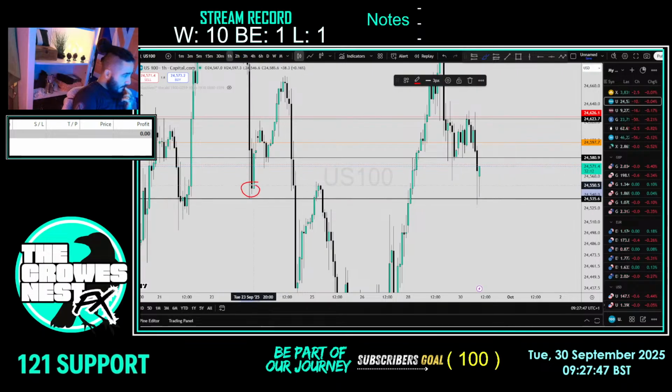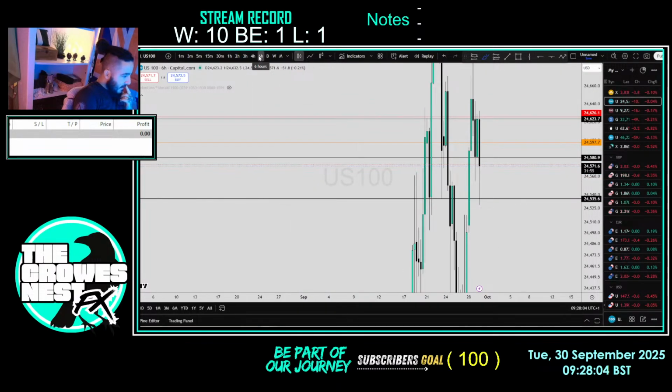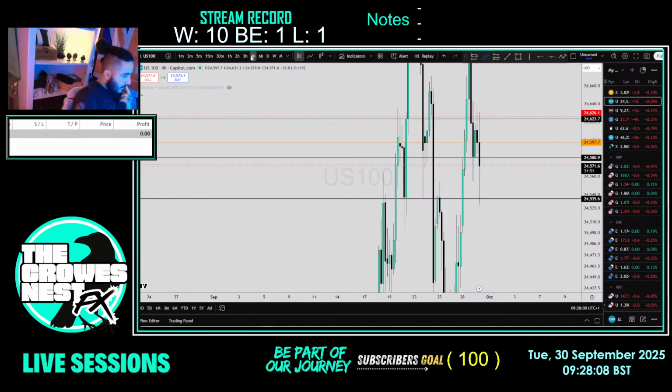So we broke out, we got an hour close back in. If the hour closes back above here, this would be a fake out. That would mean the 6 closes respecting and the 4 closes respecting.